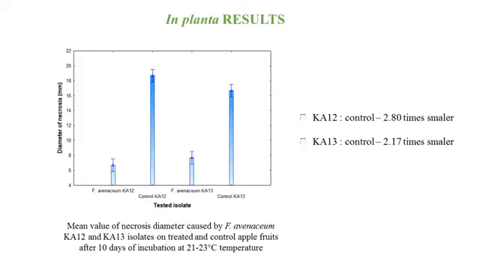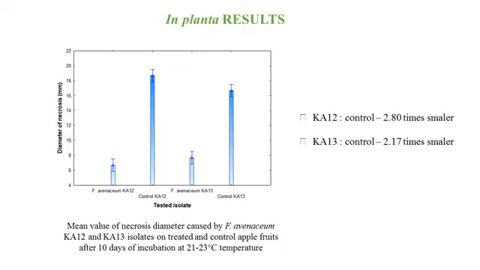In planta results. From this figure, it can be seen that the Fusarium avenaceum Ka12 isolate was more sensitive to the produced antagonistic agent, forming a mean necrosis zone diameter of 7.67 millimeters, while the Fusarium avenaceum Ka13 isolate formed a mean necrosis zone diameter of 6.67 millimeters.